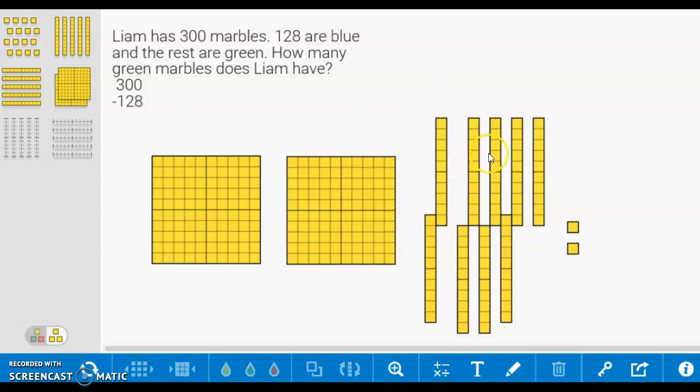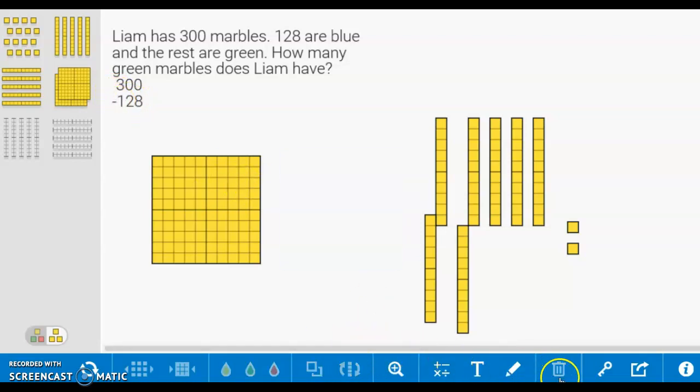Now we're going to come over here and we'll see that we have 2 in the tens place, which would be 2 20s. So we're going to come over here to the 9s and we're going to take away 2 10s, which would represent 20. And we're going to come over here to the hundreds and we'll see that there is a 1. So we're going to come over here and take away the 1.